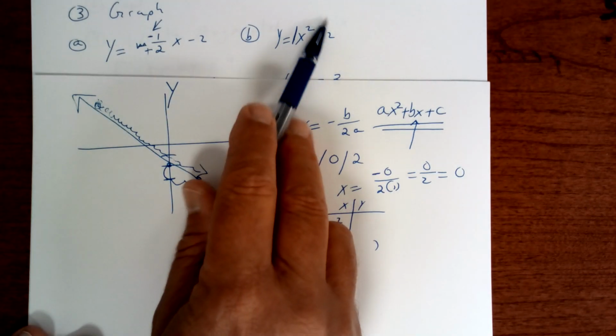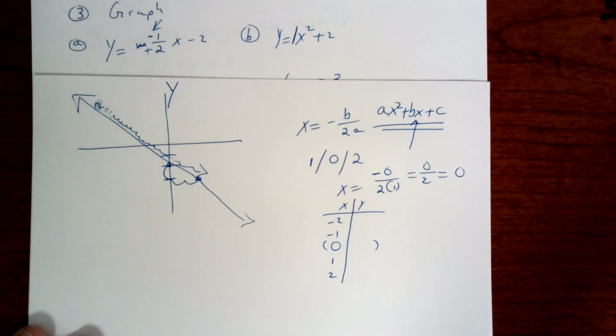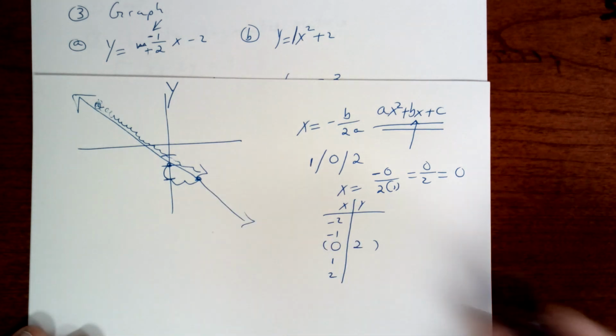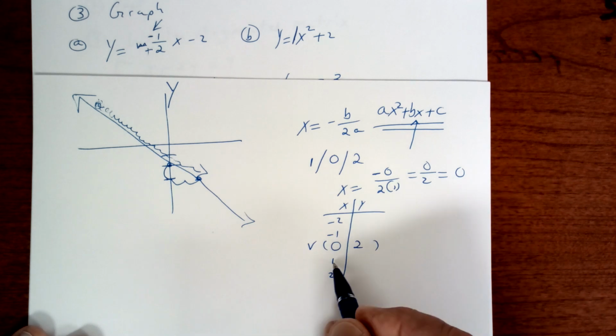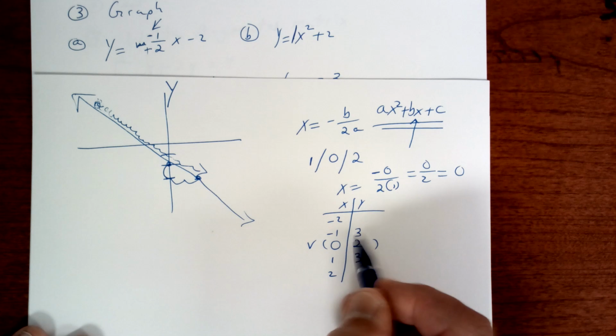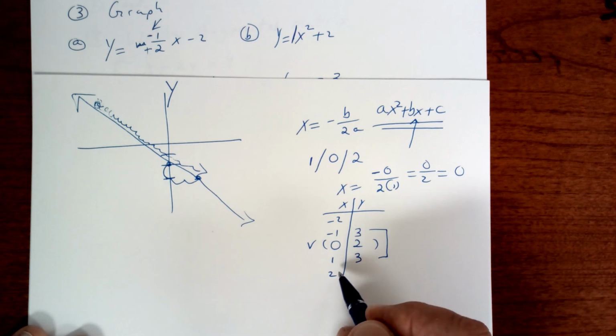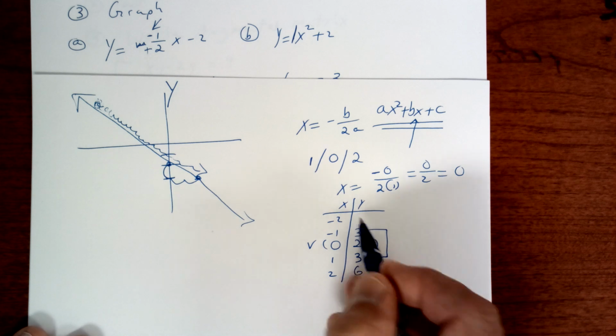So 0 squared is 0, and 0 plus 2 is 2. That's your vertex. 1 squared is 1, plus 2 is 3. Remember, these are the same. And then 2 squared is 4, and 4 plus 2 is 6, so these two are the same.